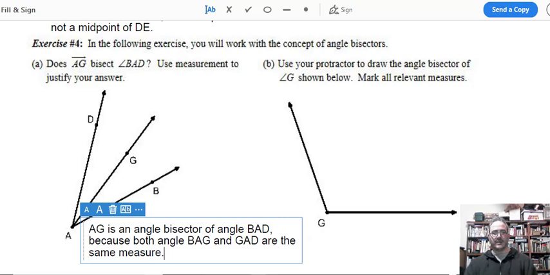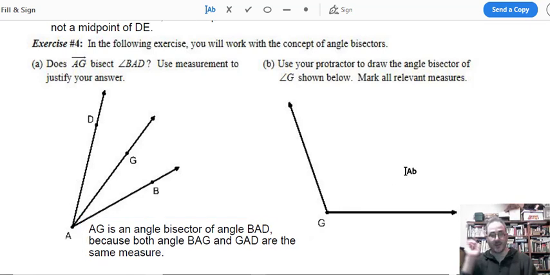And if you want, you can say they're both 23.7 degrees, if that makes you happier. So pause the video here if you need more time to write that down. Let's do the next one.